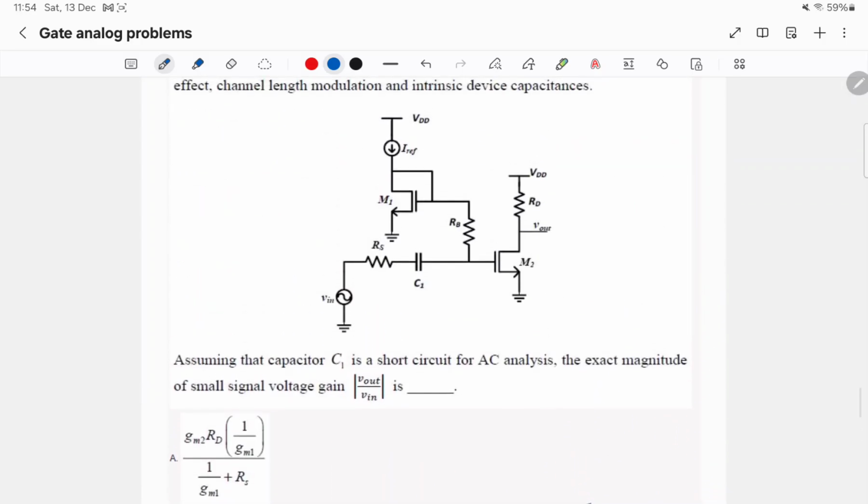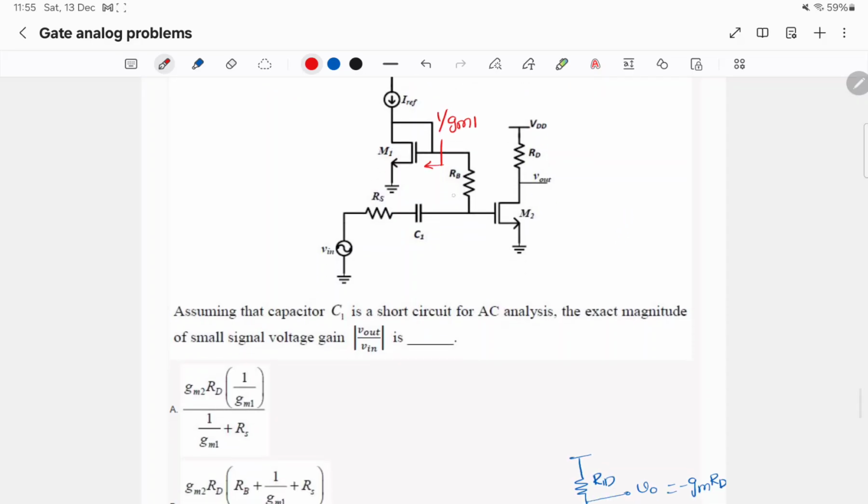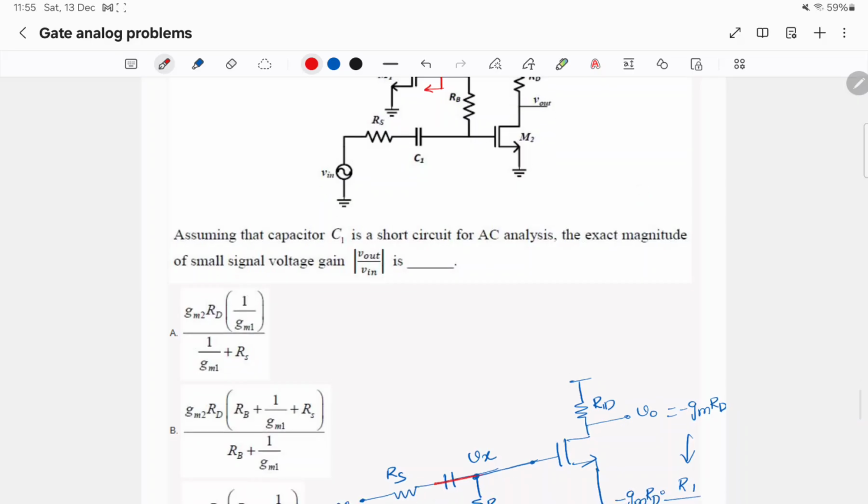Similarly, here we can see, we know that the impedance seen from here is 1 by GM1, and RB and 1 by GM1 are in series. So this will be RB plus 1 by GM1.